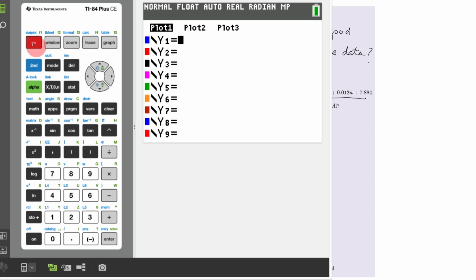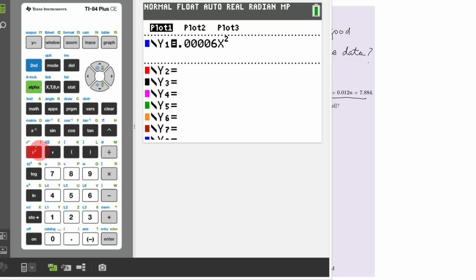So now we can go to y equals, and we'll put 0.00006x squared plus 0.012x plus 7.884. Now I know I'm using x's instead of n's only because the variable button, which is to the right of the alpha button, only allows x. But we know they're n, but all we need is the graph.